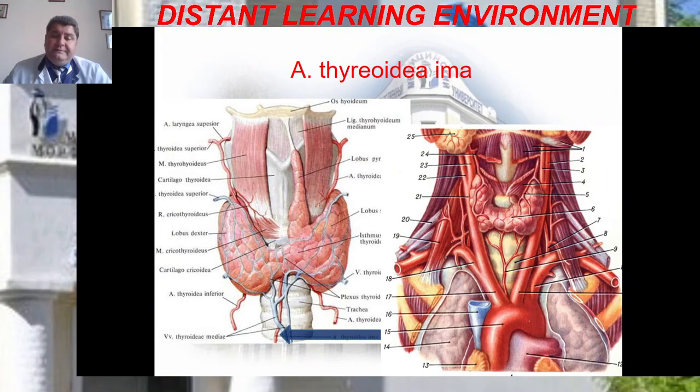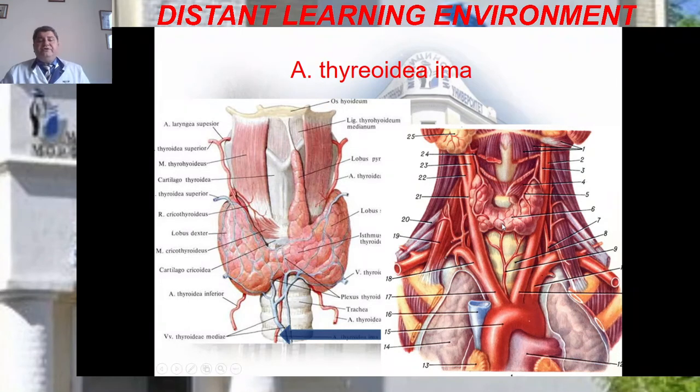You may see this abnormal case, where the thyroid artery passes from the aortic arch to the thyroid gland, in maybe 10 to 15 percent of cases.